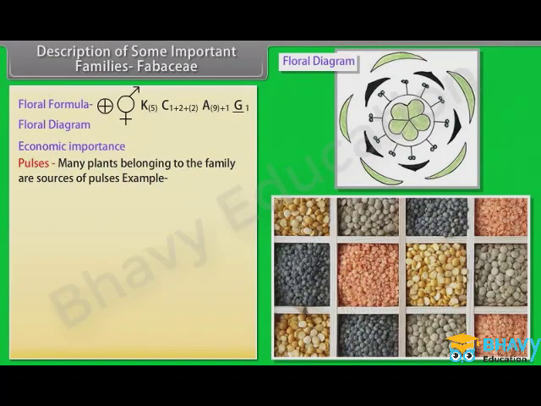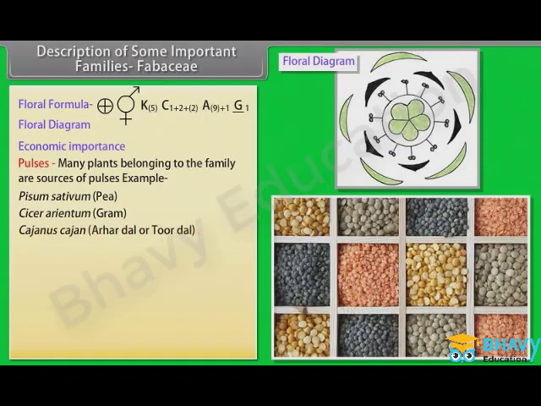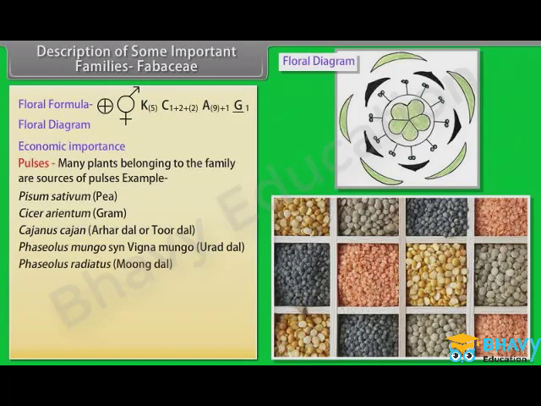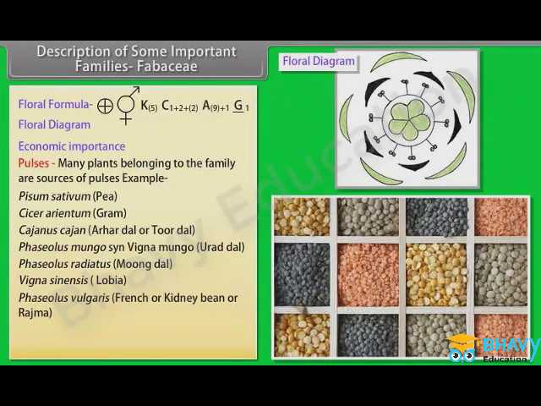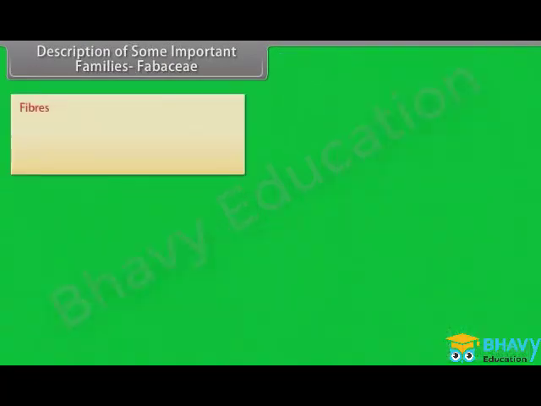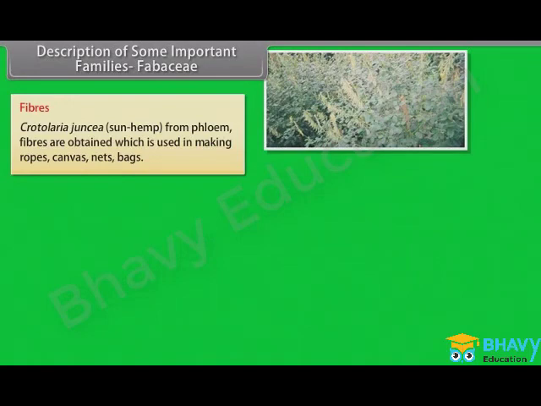Example: Pisum sativum, pea; Cicer arietinum, gram; Cajanus cajan, arhar dal or tur dal; Phaseolus mungo, urad dal; Vigna mungo, urad dal; Phaseolus radiatus, mung dal; Vigna sinensis, lobia; Phaseolus vulgaris, French or kidney bean or rajma; Lens esculentum, masoor dal; Lathyrus sativus, khesari dal.